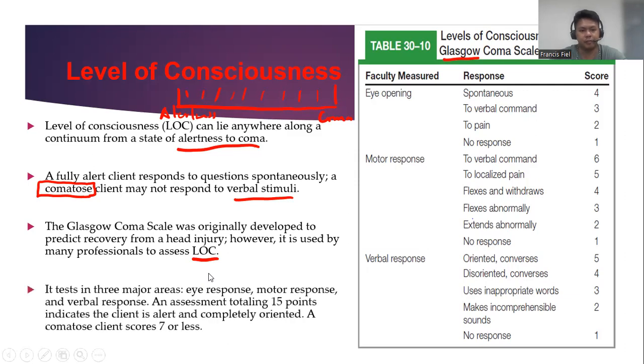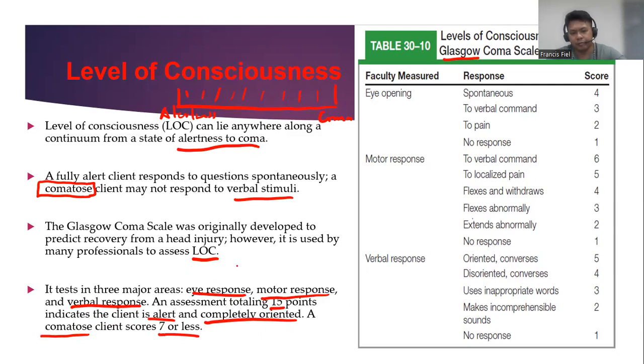Now, the test covers three major areas: the eye response, the motor response, and the verbal response. An assessment totaling 15 points indicates the client is alert and completely oriented. Pag 7 naman or less, ibig sabihin comatose. Alright?